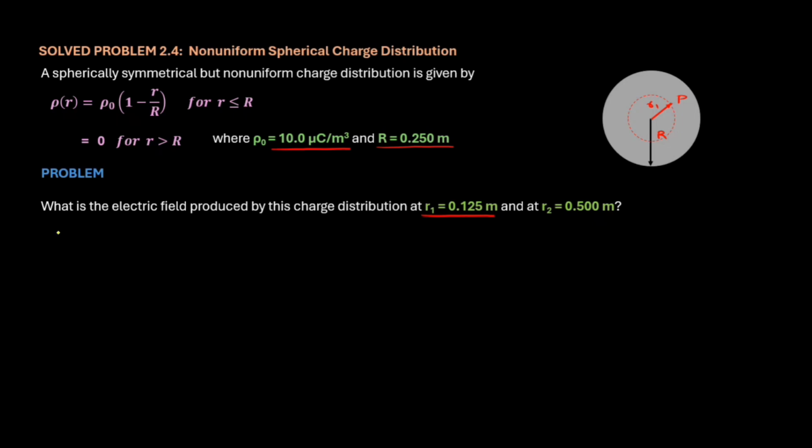We know from Gauss's law the total flux through the Gaussian surface is numerically equal to the charge enclosed by the surface over epsilon naught. And from the definition of flux, I can write phi as the integral of E dot dA, and that is equal to the charge enclosed over epsilon naught. dA is the surface area of the Gaussian surface, and that for a sphere is given as 4 pi r squared.